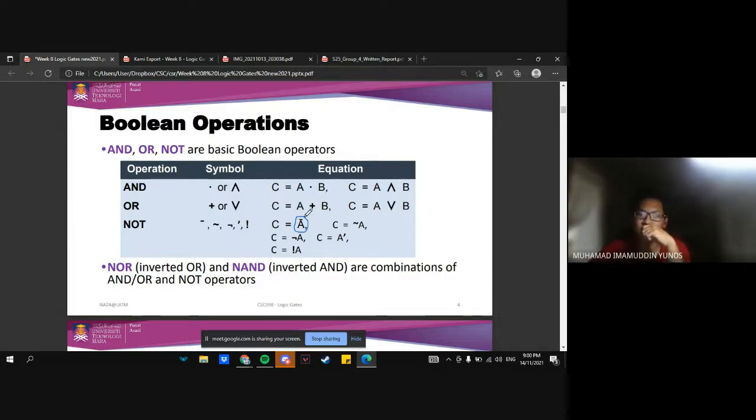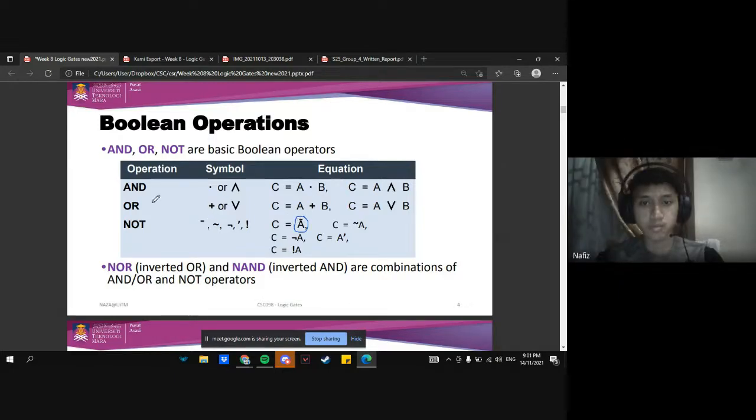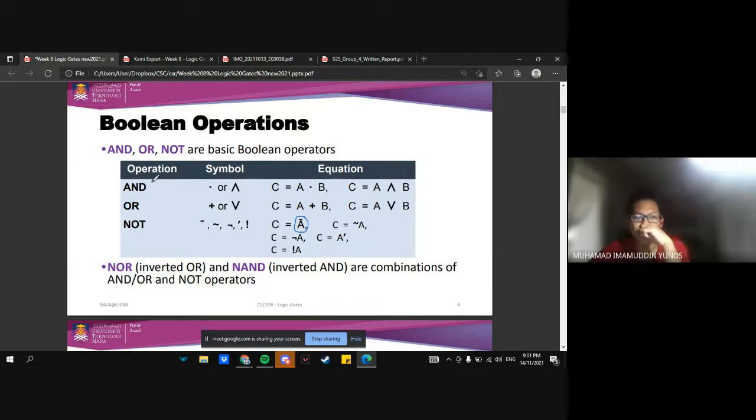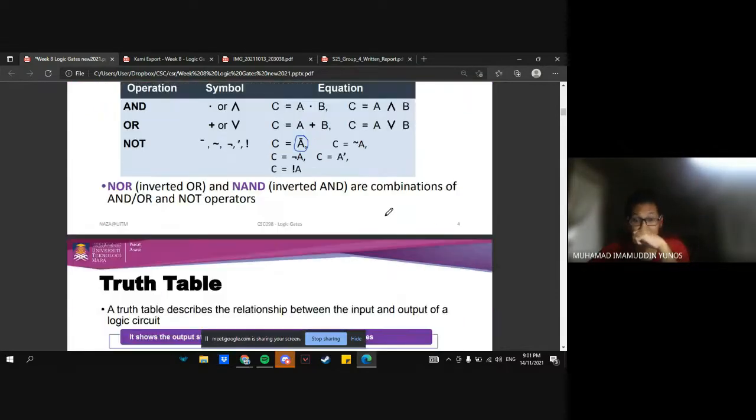This is one of the common ones that we use in our exam, but there are also many other symbols that can be used. For AND, we can see the dot here, and for OR we can see here. For NOT, we can see here.